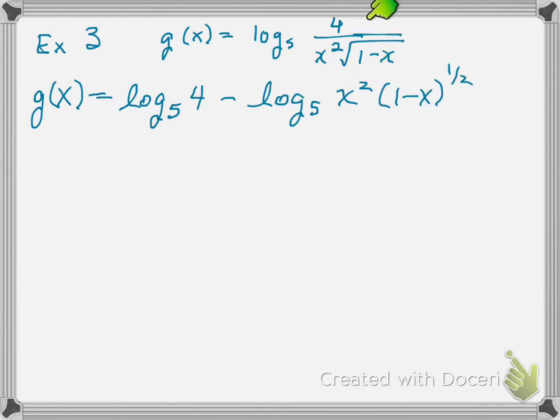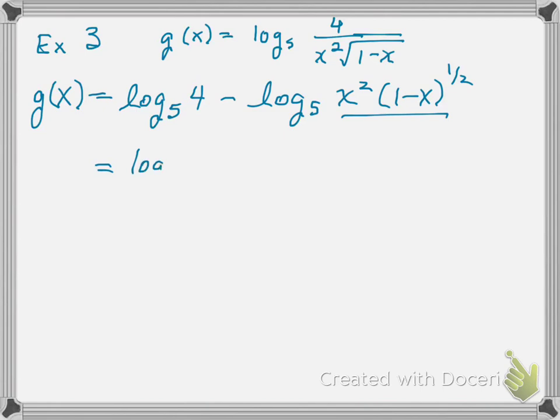So all I did was take my logarithm with division, change it to 2 logarithms with subtraction. So I'm good with this one, but over here, this one can be separated into 2 logarithms. And remember that this minus sign right here is going to have to be distributed to both.